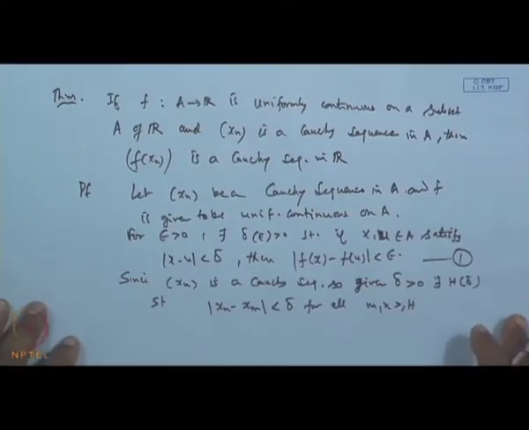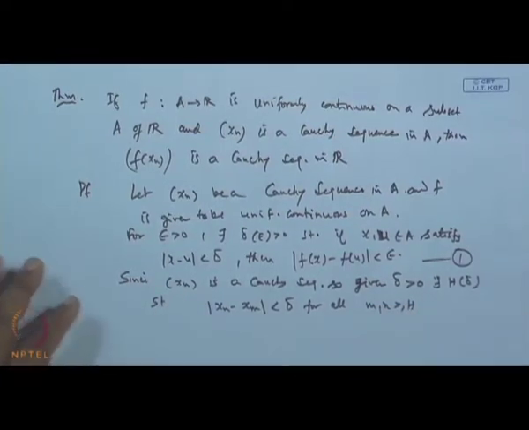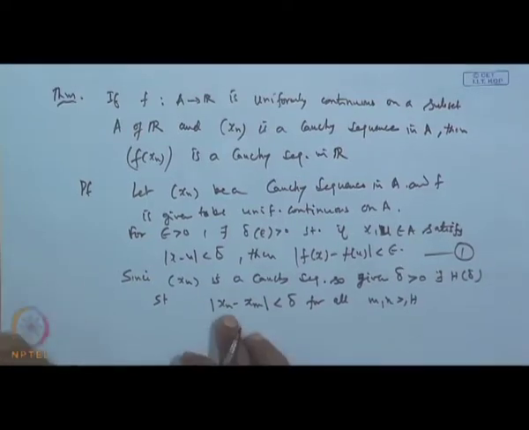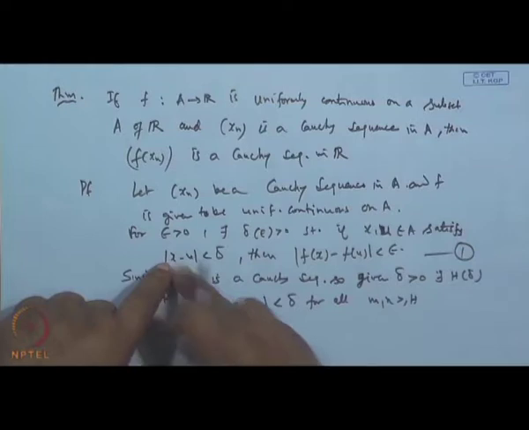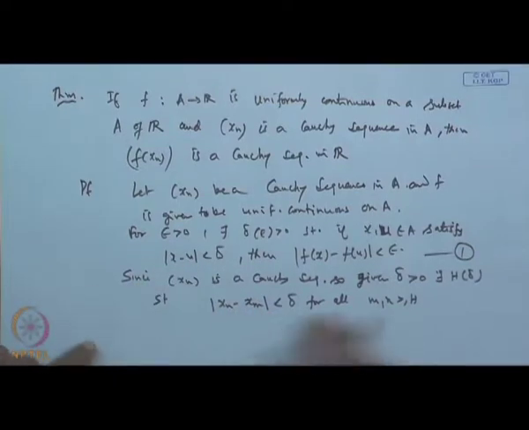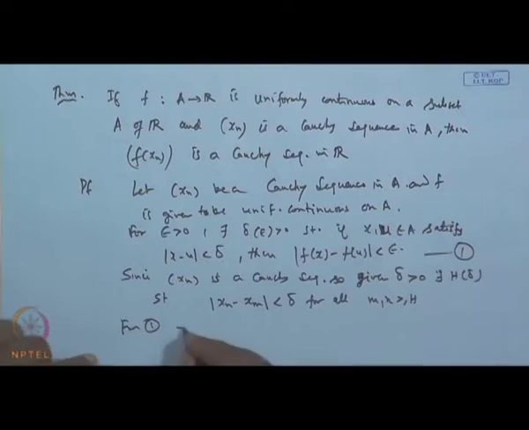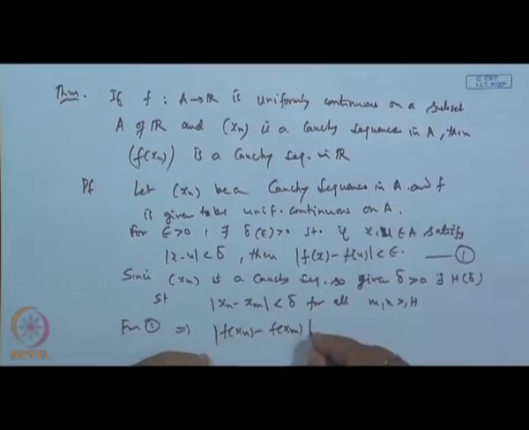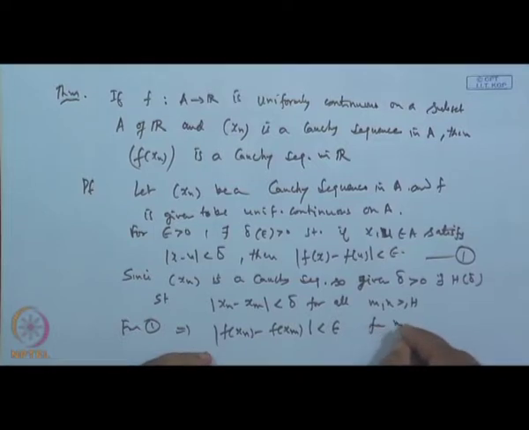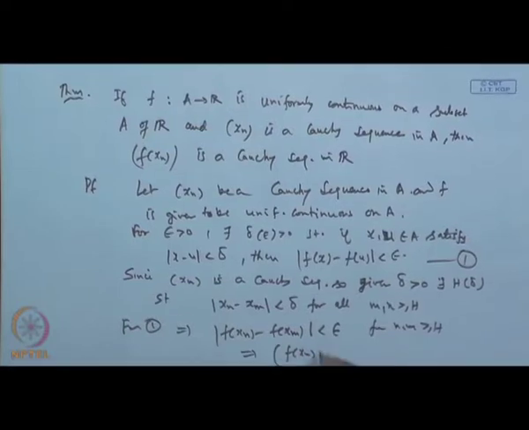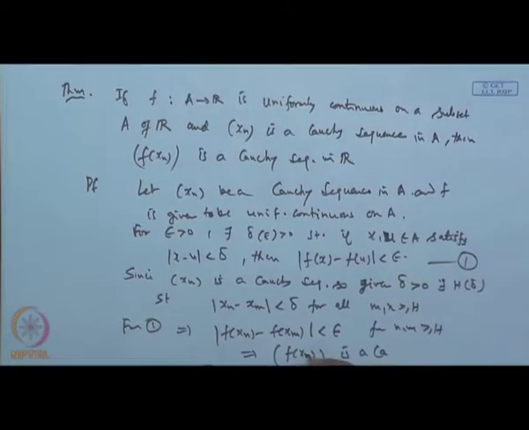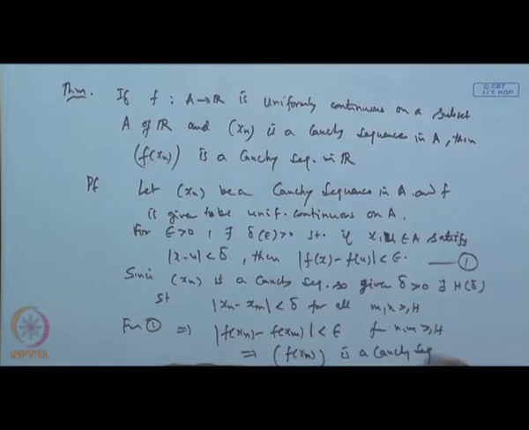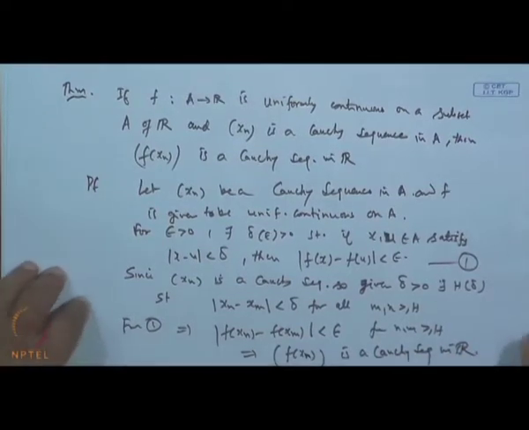Call this 2. By the same choice of delta, if you take x equal to x n and u equal to x m, from 1 it follows that mod of f of x n minus f of x m will be less than epsilon for all n, m greater than or equal to h. This shows the sequence f of x n is a Cauchy sequence in R. So, that proves the result.